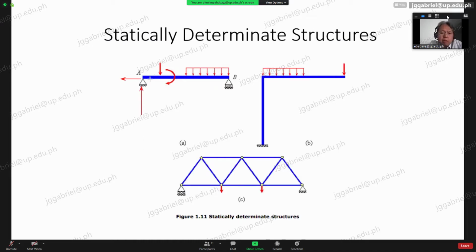Would there be a moment reaction here? If it is a pin supported, then it is free to rotate. So kapag free to rotate siya, it doesn't resist any moment force. Okay, the support here. So kaya ito lang yung magiging reactions niya. It prevents this beam from translating along this direction and along this direction.